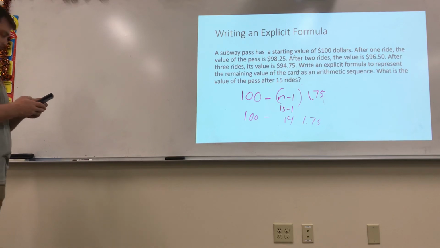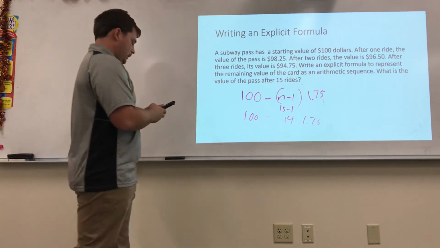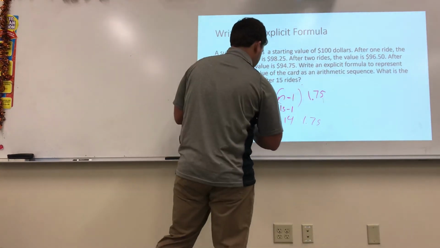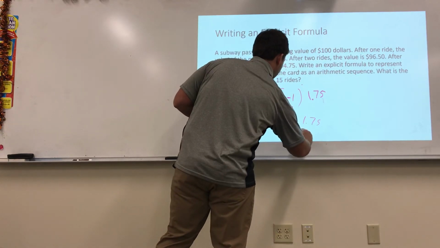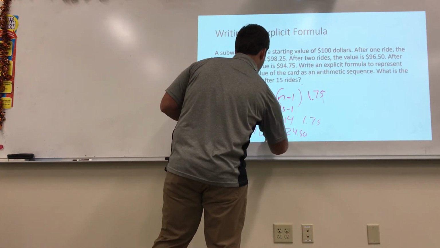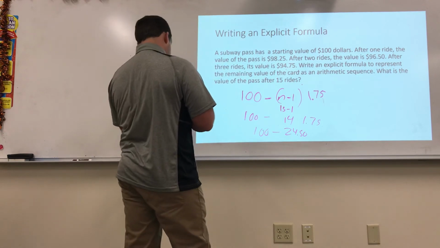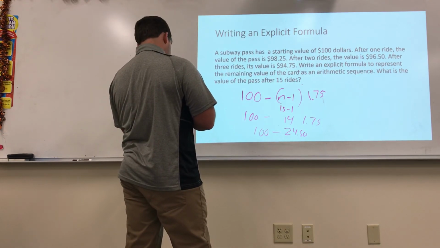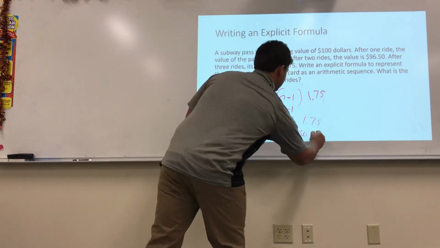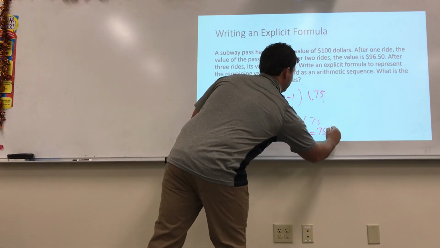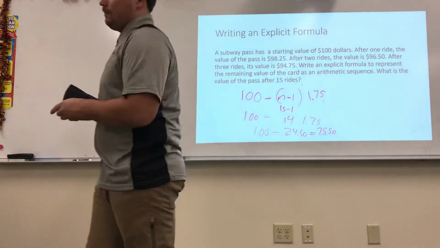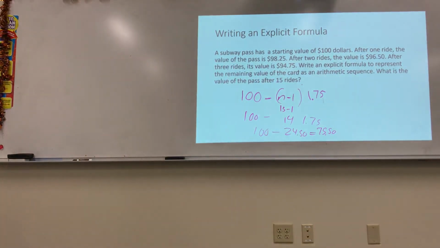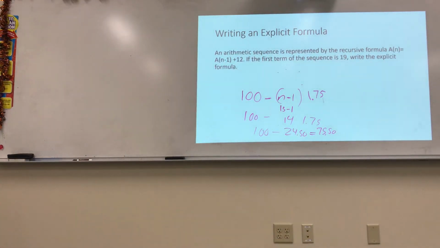So you take 14 times 1.75, you get 24.50, and you'll take 100 minus that, and you get 75.50. All right? That's how you do that one. I'll finish here in a little bit.